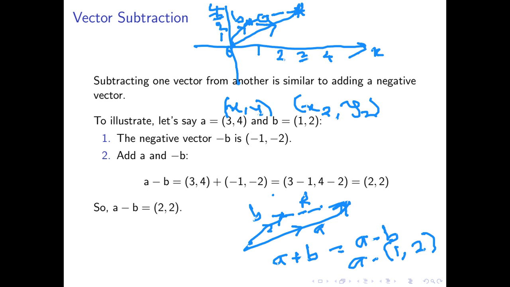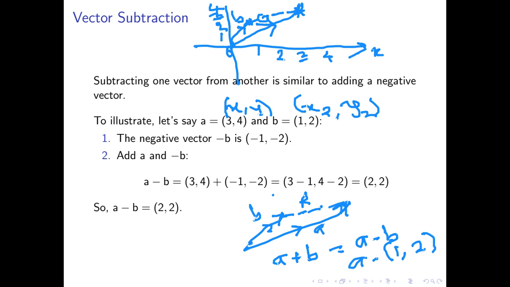So what we're doing is addition, but because B is going in the negative or reverse direction, it becomes A plus negative B, and negative B now is minus 1 and minus 2, because that is going to show us the negative direction of the initial direction of B. So that is A minus B, and we're going to be working with this equation.